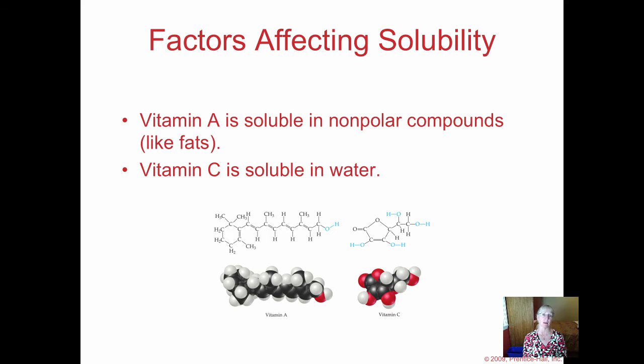We lack the ability to make vitamin C, so we have to constantly eat it in items high in vitamin C, like citrus fruits, or perhaps kale, the new superfood these days. They're very soluble in water, and if you eat lots of vitamin C, like my hero Linus Pauling suggested, a lot of the time the excess just gets excreted out of your body.